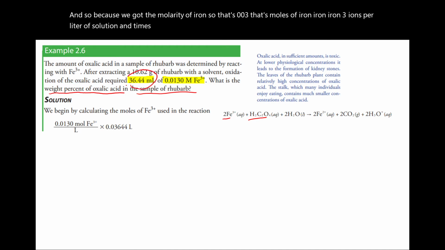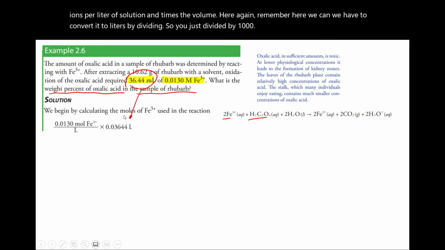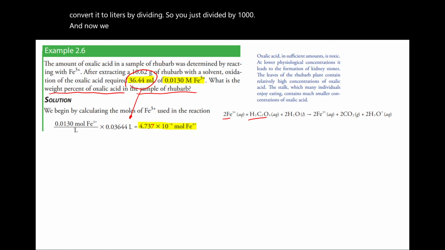Remember we have to convert it to liters by dividing by 1,000. Liters cancel out, and so we get 4.737 times 10 to the negative 4 moles of iron.